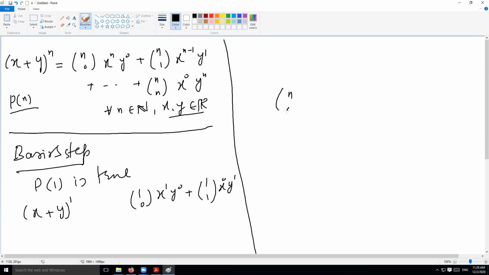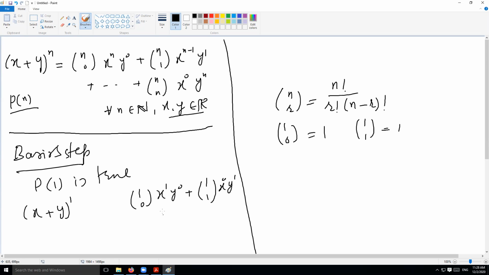Do people remember the formula for n choose r? The God-given formula, which we never understood where it came from: n factorial over r factorial times (n minus r) factorial. So we know this formula. What would be 1 choose 0? You can show that 1 choose 0 is 1, and 1 choose 1 is also 1 through this formula.